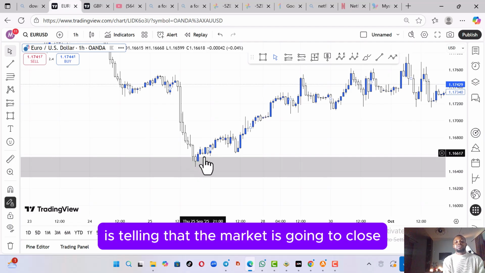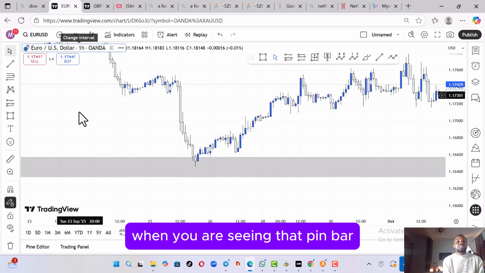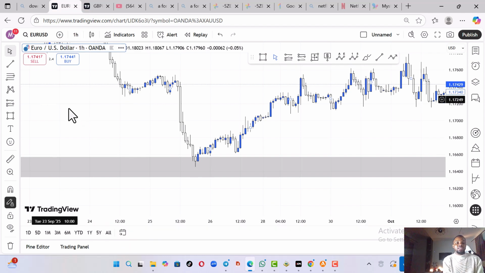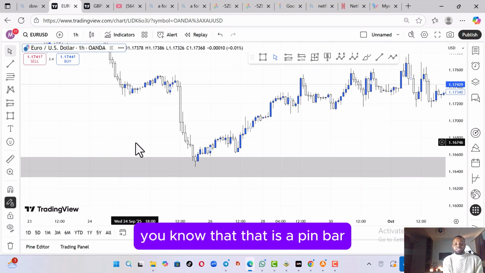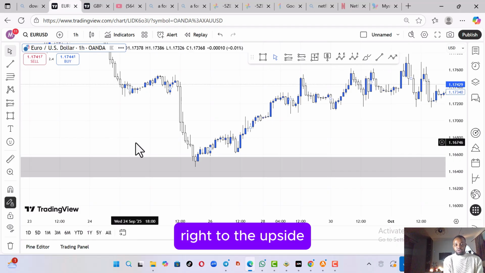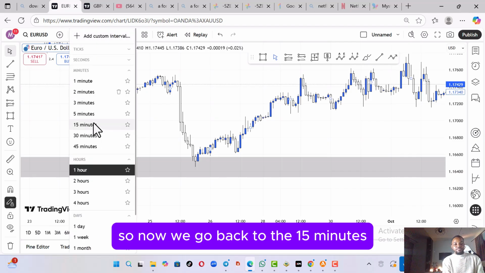On the 4 hours alone, when you see that pin bar, that candle that has a long wick and a tiny body, you know that's the pin bar and the market is about to change direction to the upside. So now we'll go back to the 15 minutes.